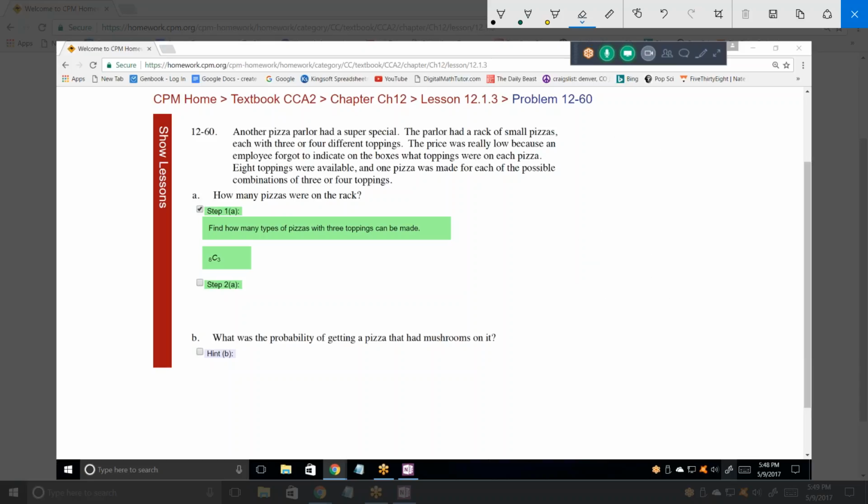So there are 56 different ways that you can make a pizza with 3 toppings, given that you have 8 toppings. What do you suppose step 2 is going to be? 8 choose 4. Okay. What's 8 choose 4 equal to? B.